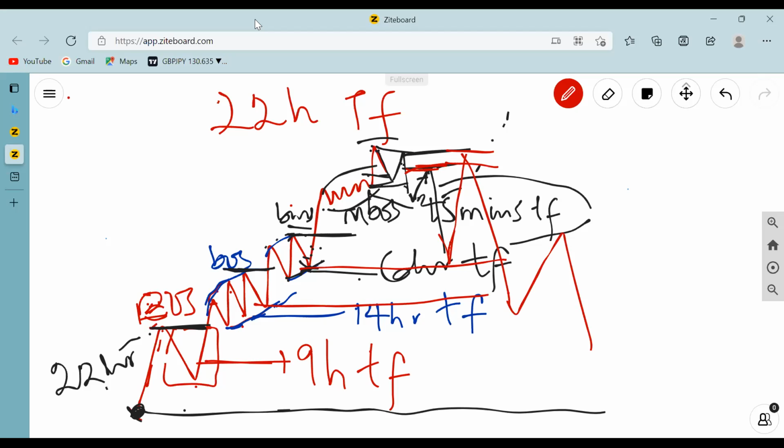Price can even get to the 14-hour and use it to create a higher high. When price will do all that, you will know later based on other concepts that you will be taught. But for now, I'm just letting you understand what a time frame difference actually looks like. So that's how price builds up. Because price can get to this 19-hour, probably it can use it to induce more liquidity and may not create a high.